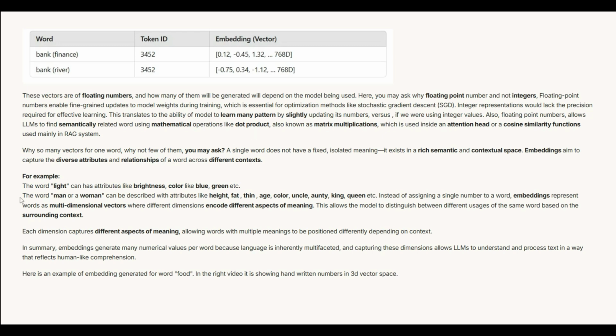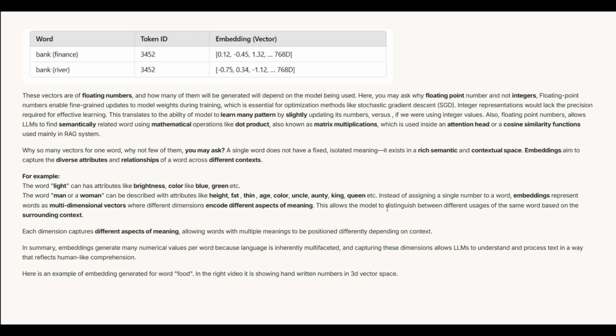For example, the word light has attributes like brightness, and color like blue, green, etc. The word man or woman can be described with attributes like height, fat, thin, age, color, uncle, auntie, king, queen, etc. Instead of assigning a single number to a word, embeddings represent words as multidimensional vectors, where different dimensions encode different aspects of meaning.